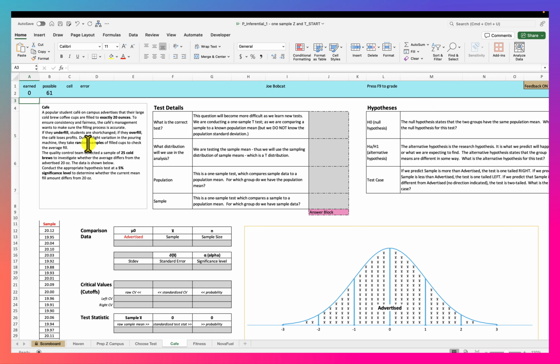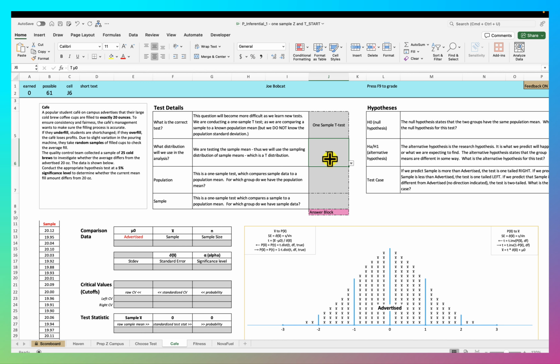All right, so you don't see a standard deviation anywhere in this. So this is going to make this a t-test. It's a t-distribution, so it's going to be t instead of normal. Mu 0, or mu naught. It's going to be t.